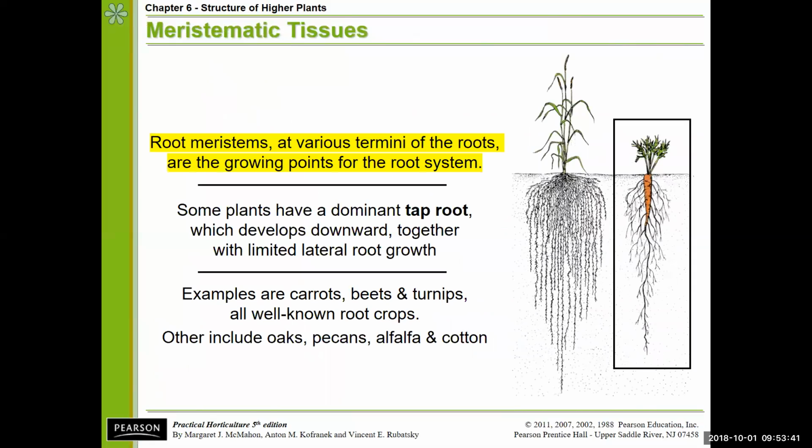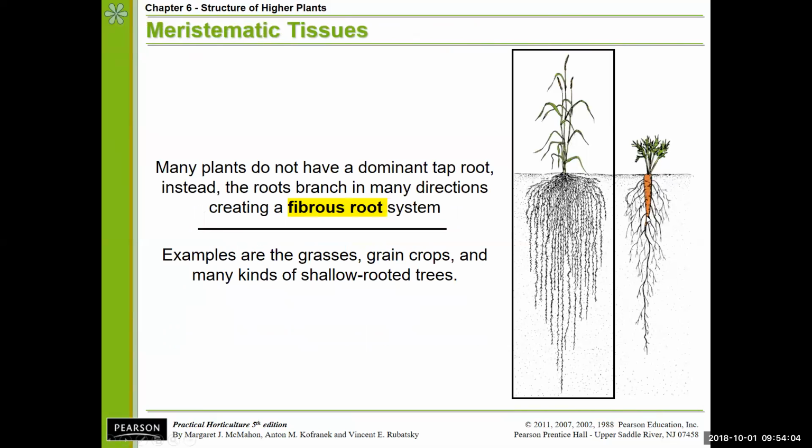In some cases, like pictured here, we have a carrot that has a dominant taproot and limited lateral growth. The active meristematic region is here at the very tip of that taproot, a very important region where the energy moves out and cells actually divide.